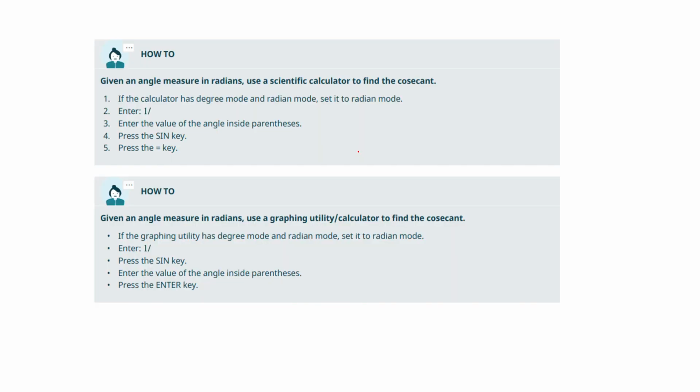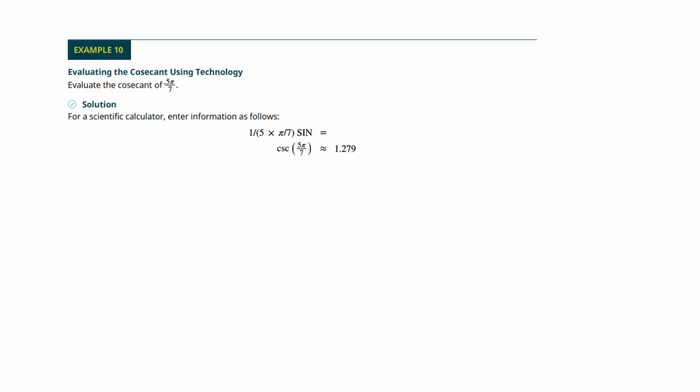So what they're telling us here is, you want to do those and you don't have a button for it. Make sure you're in radians, for instance, in this one. You've got to check your mode. What they've done here is 1 divided by the sine of 5 times pi over 7. They're just showing you how you would type that in, because that's cosecant.